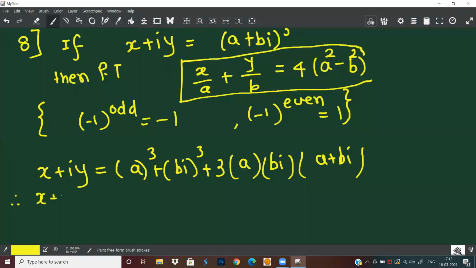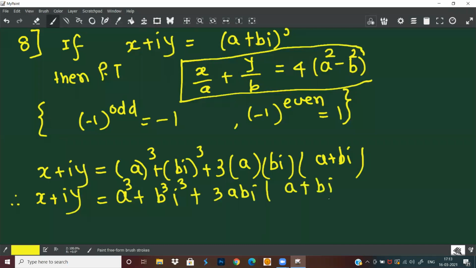So your x plus iy is a cube plus b cube i cube plus 3abi into a plus bi. i cube is minus i.